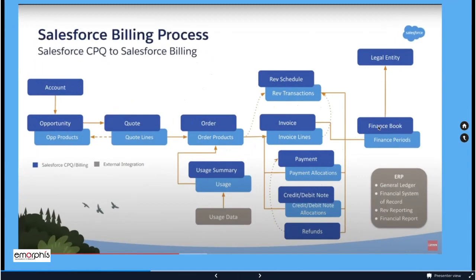Usually, all orgs maintain two finance books, one for finance and one for revenue. The legal entity is used in revenue recognition. So, legal entity together with finance book and finance period are used for revenue recognition. So this is a high-level view of how the Salesforce Billing process works.